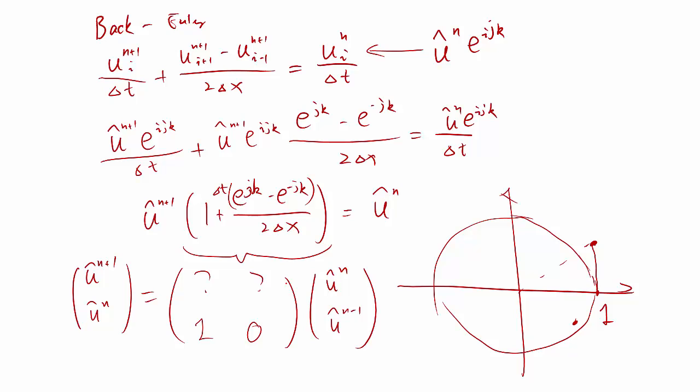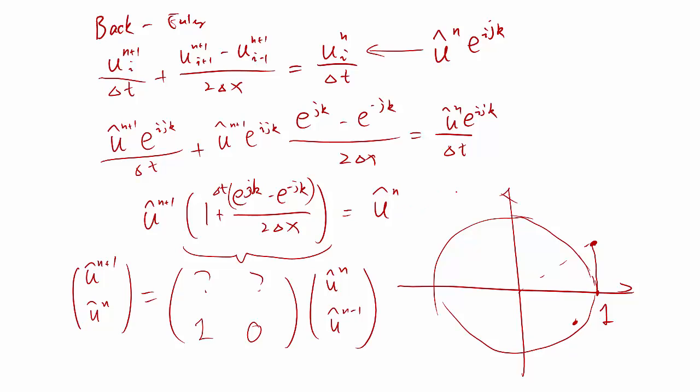What's next? Can somebody point out, after I write this matrix, what? Exactly. For that 2 by 2 matrix, you look at the eigenvalues. If this matrix has an eigenvalue greater than 1, unstable. If all the eigenvalues are within the unit circle, stable.